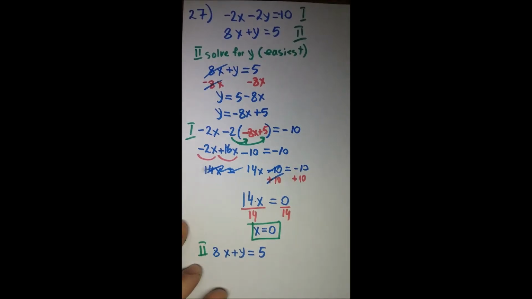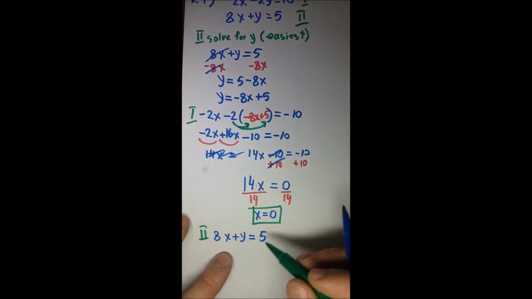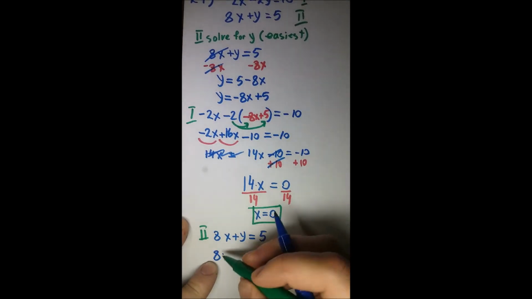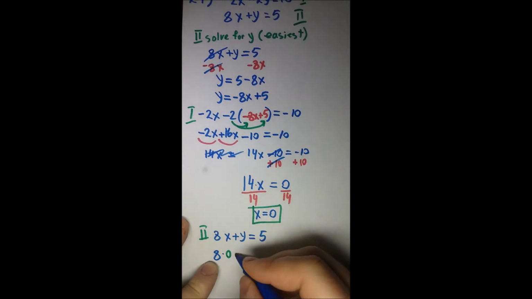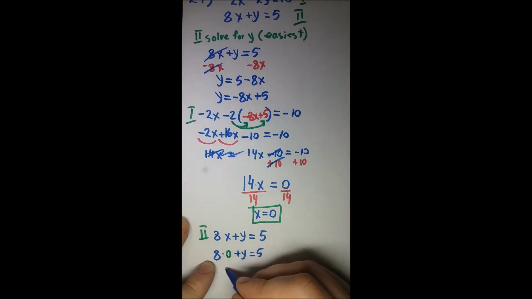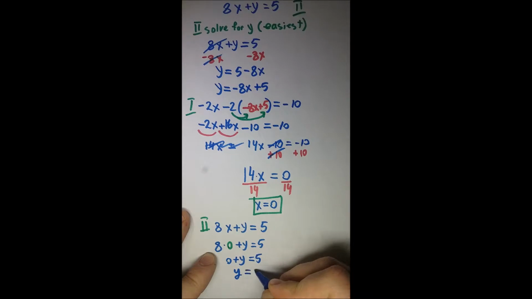Now, we know that instead of x, we can put down a 0. So it's going to be 8 times 0 plus y equals 5. 8 times 0 is 0. 0 plus y equals 5. Or simply put, y equals 5. Okay, so x is 0, y is 5. So here's our answer.